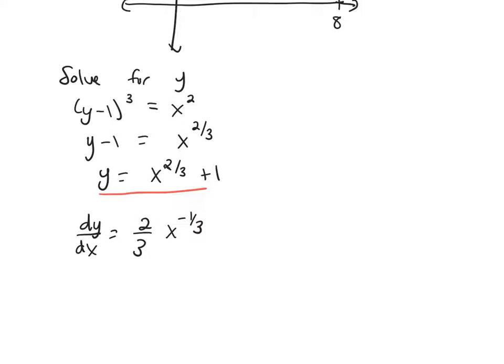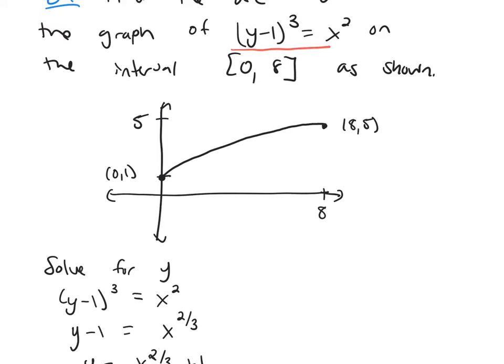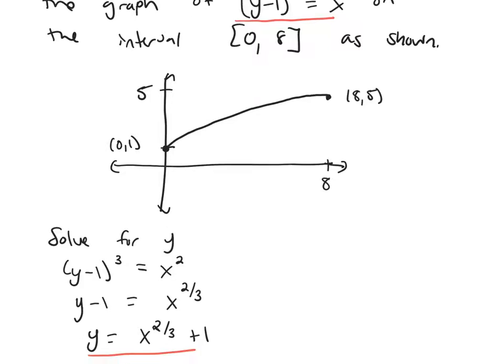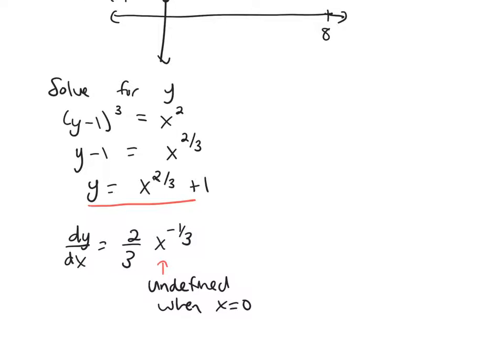If you look, this right here is undefined when x equals 0, and x equals 0 is part of our interval. So that means this isn't going to work, and we need to do something else.